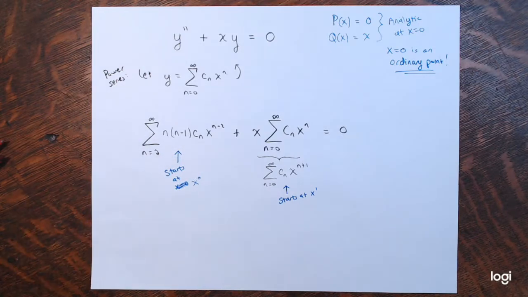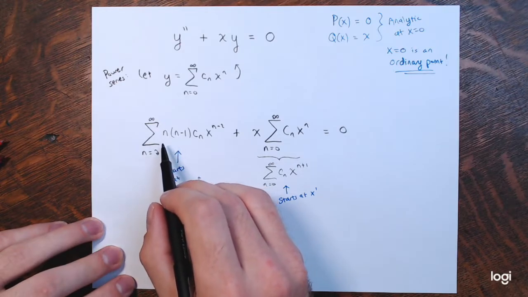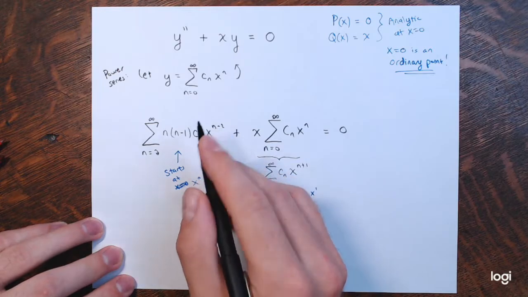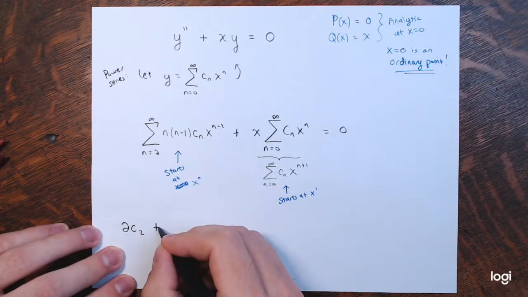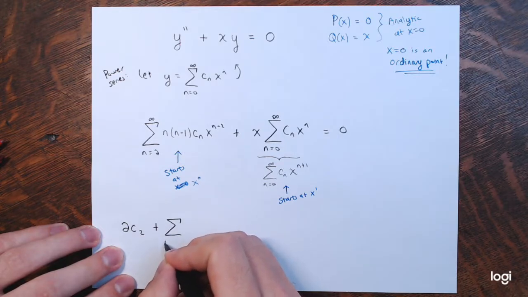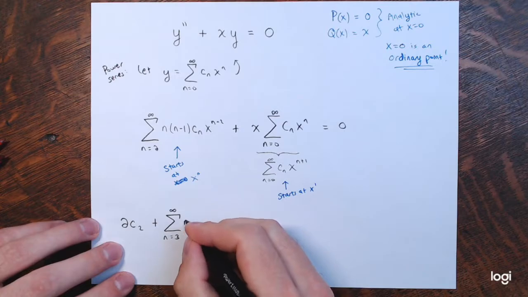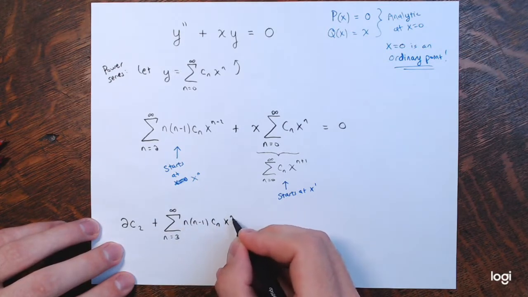So if I take out the term when n equals 2, I get 2c2 x to the 0. So I get 2c2 plus, and then the sum from n equals 3 to infinity of n times n minus 1 times c sub n x to the n minus 2.